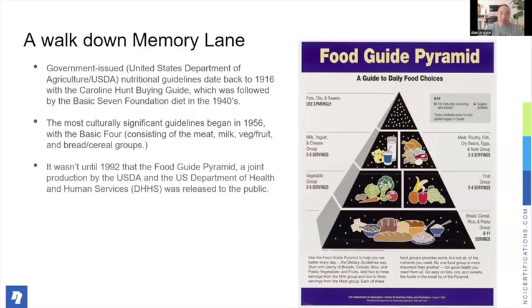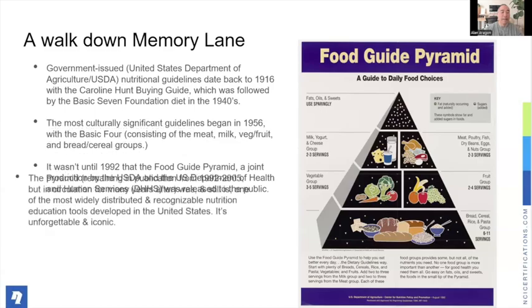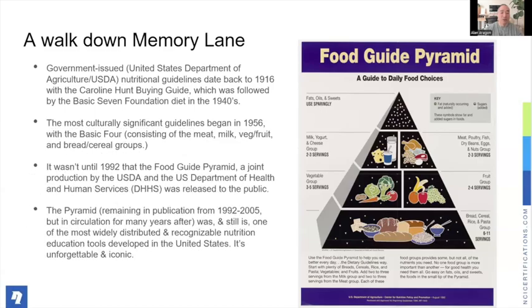And it wasn't until 1992 that the iconic food guide pyramid was put out. And this was a joint production by the USDA, so the US Department of Agriculture, and the US Department of Health and Human Services. So the pyramid was a very long-standing publication.